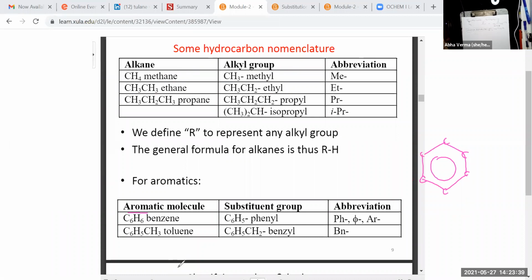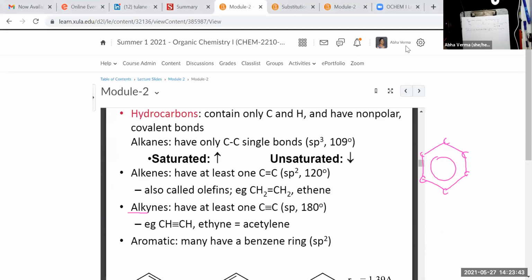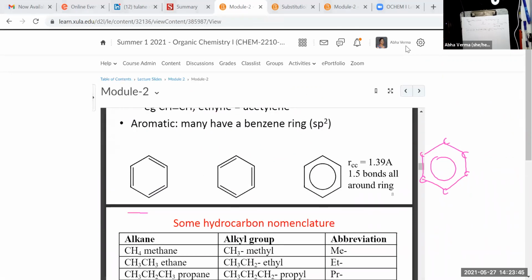Each of these carbons, and if you go back and look at this structure that I have in this part, how many hydrogens will this carbon have? 1, 1, 1, 1, 1. What is the molecular formula here? C6H6.